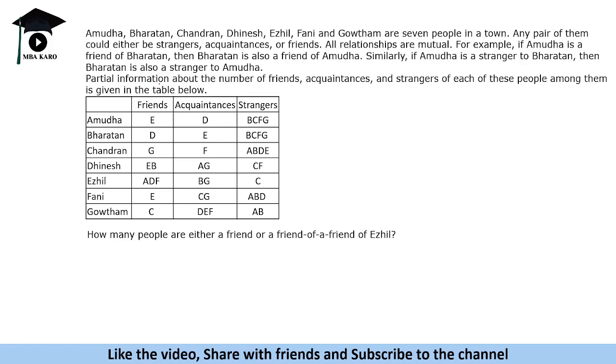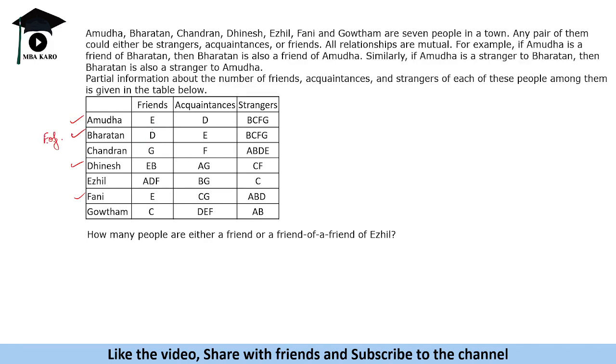Azil has three friends, A, D, F. Now let us look at Bharatan. Bharatan is a friend of friend. Azil is a friend of Dinesh, and Bharatan is a friend of Dinesh. Right? So this is friend of friend.